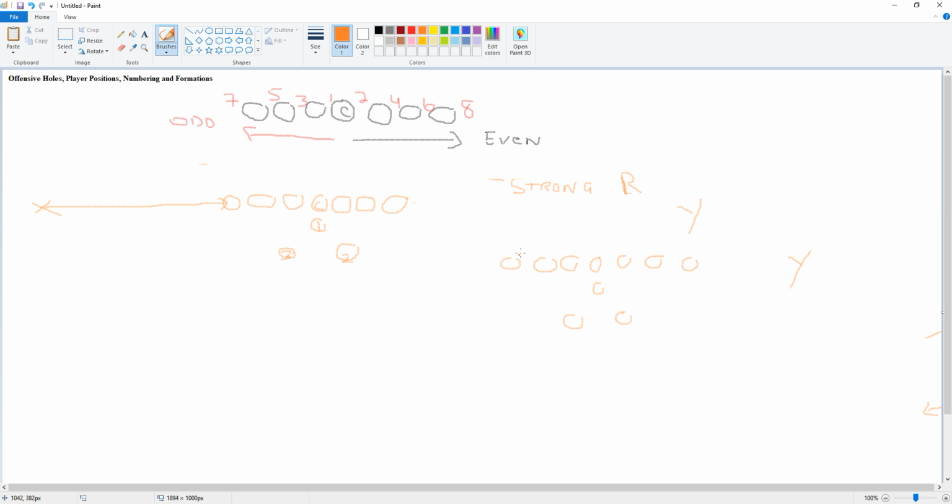Okay, and this is X. Z knows, I said strong right, so Z knows he's going to be right here. On strong left, Z is going to be on the opposite side, sorry.